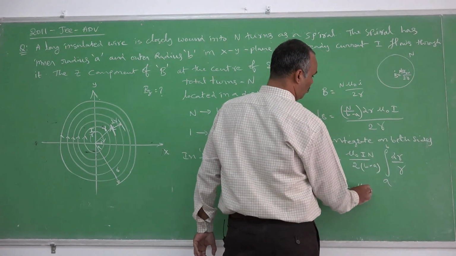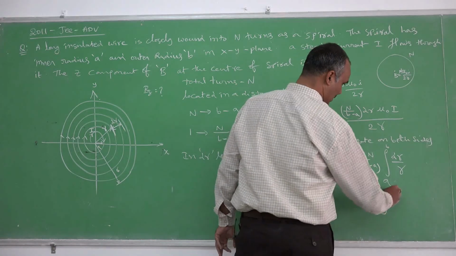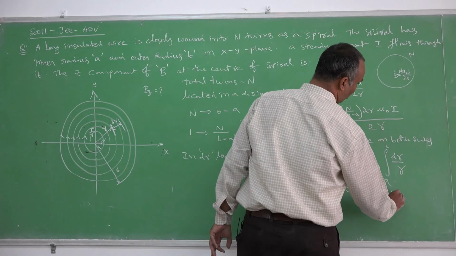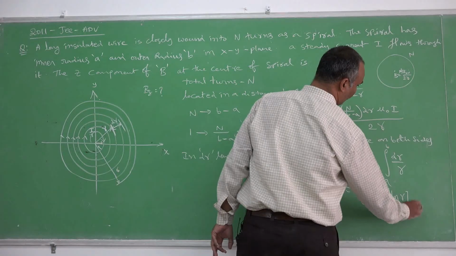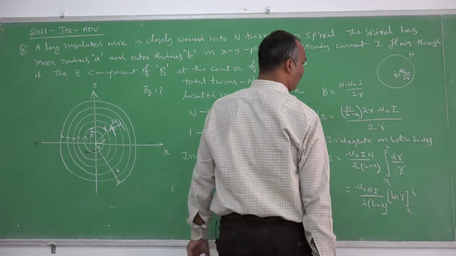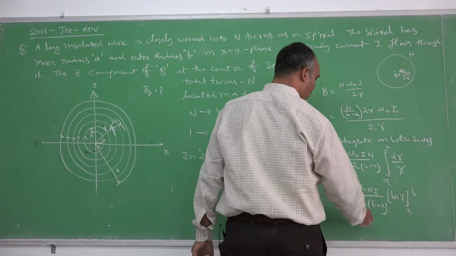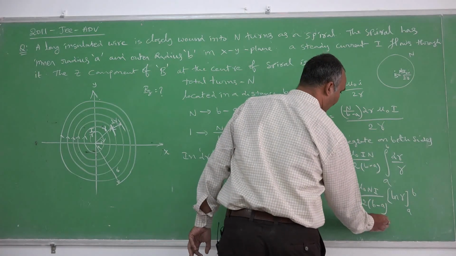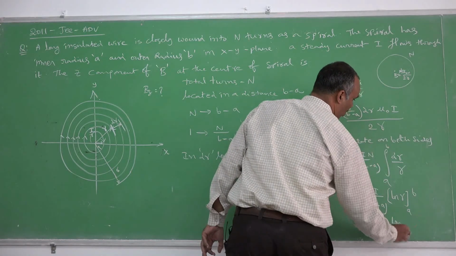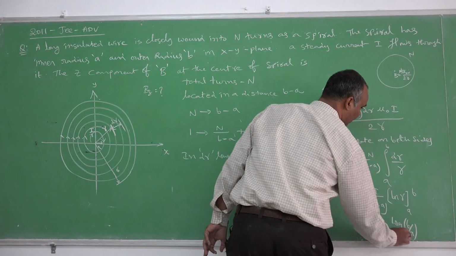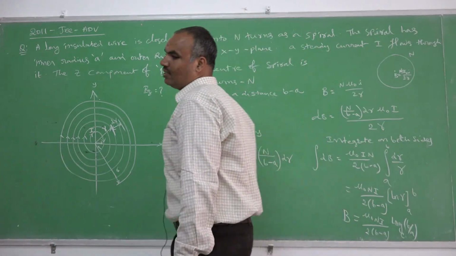So mu naught nI by 2 into b minus a into integral dr by r, which is ln r with limits from a to b. Substituting, log b minus log a gives log b by a. So mu naught nI by 2 into b minus a into ln b by a. This is the net field due to the entire spiral at the center.